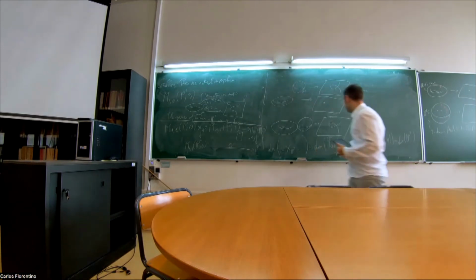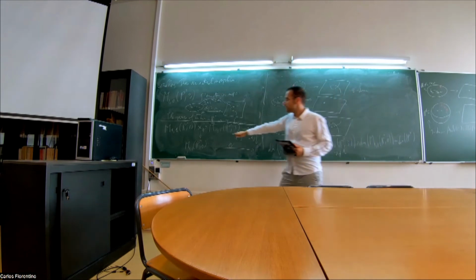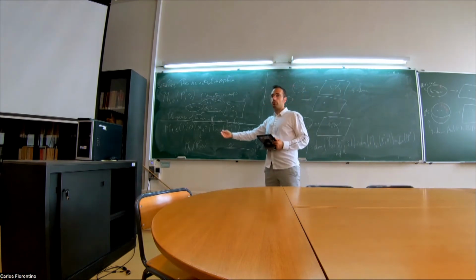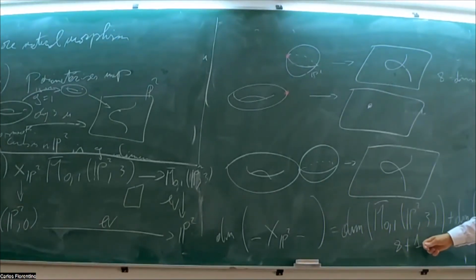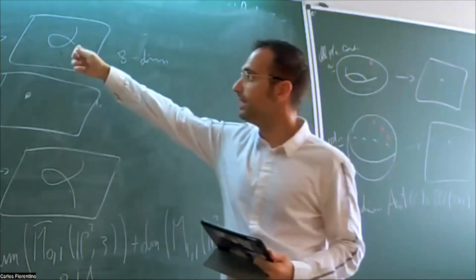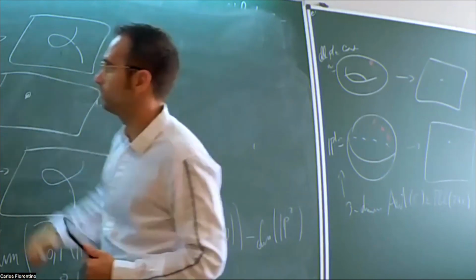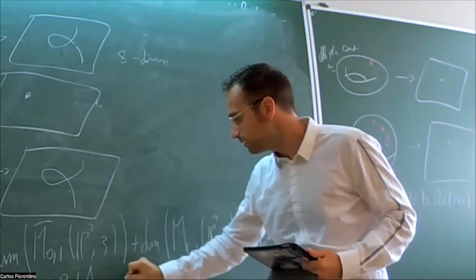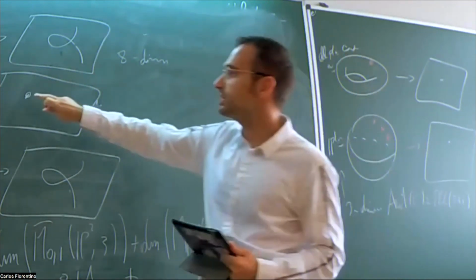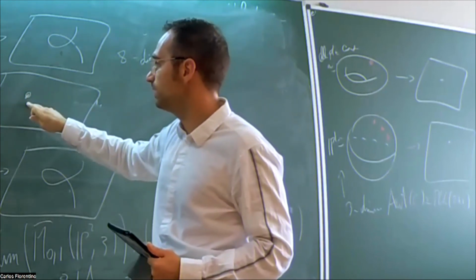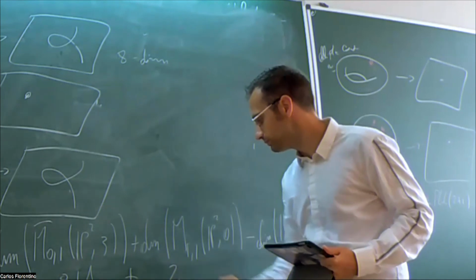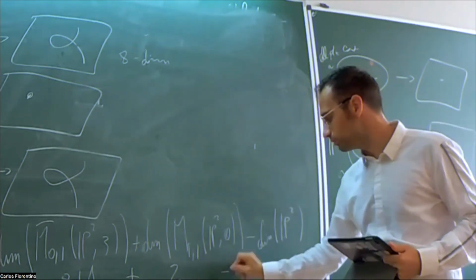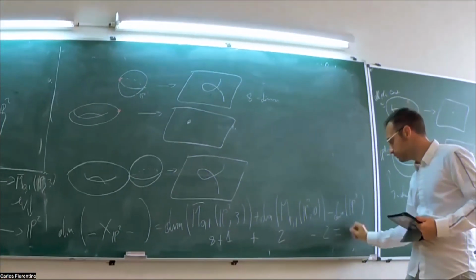So this marked point gives me one more dimension than I expect. So the dimension of this is 8 plus 1: image plus the choice of the marked point. This is basically the choice of the image. Minus P2, which is 2-dimensional.